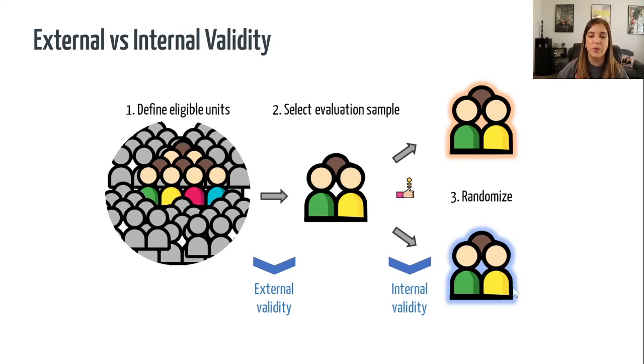You're randomizing some people into treatment, some people into control, and those two groups are comparable. So if everything is done well, then you have an internally valid study. What you might not have is an externally valid study if this population does not resemble this one. And that is some of the main problems with external and internal validity.